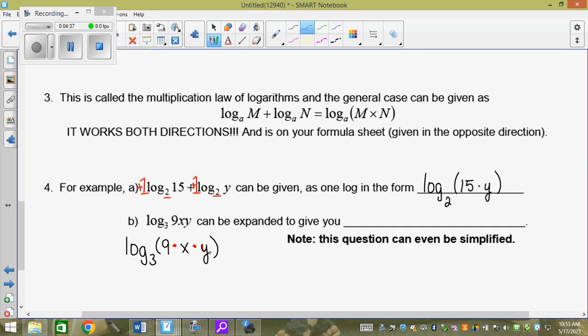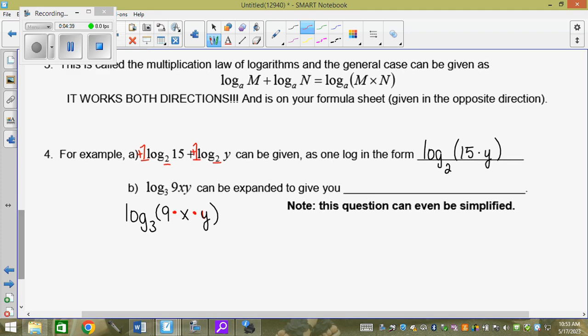So log base 3 of 9xy can be expanded to what? Well, it can be expanded to log base 3 of 9. And then because these are all in the numerator, the denominator, you don't even see it, it's a 1, right? So because they're all in the numerator, I can bring them out as plus signs. Plus log base 3 of x plus log base 3 of y.